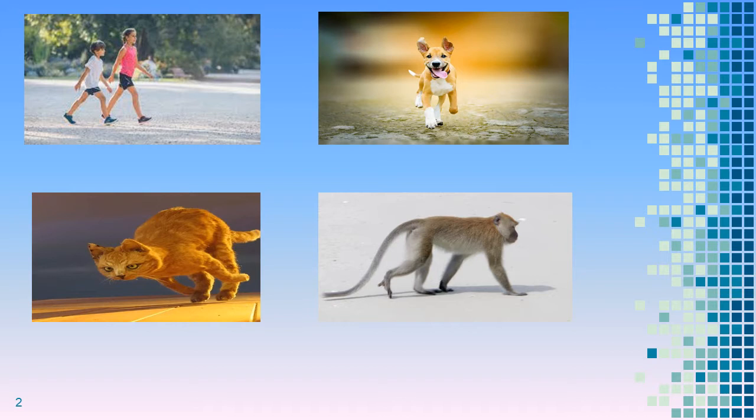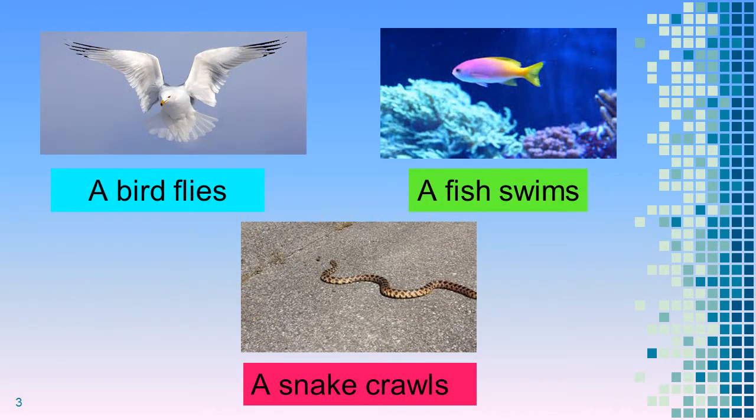These animals may walk, run, or jump. You must have noticed that a bird flies from one place to another, a fish swims, and a snake crawls. Thus, we see that the movement of every animal is different.